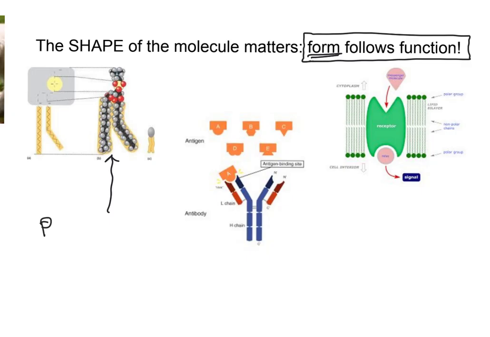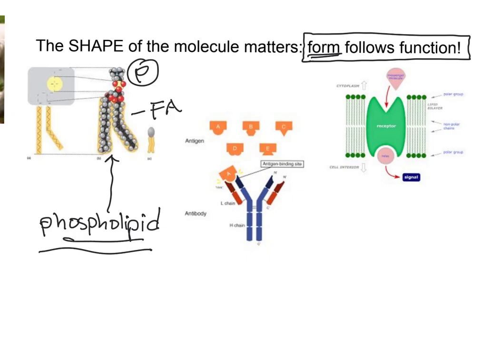This is a phospholipid, which makes up your cellular membrane. You have a phosphate head and 2 fatty acid tails. This shape is very important, and because of the function of the phospholipid bilayer, that is what has evolved into this shape.